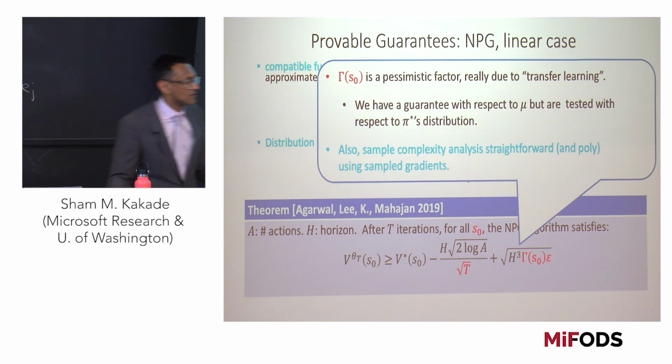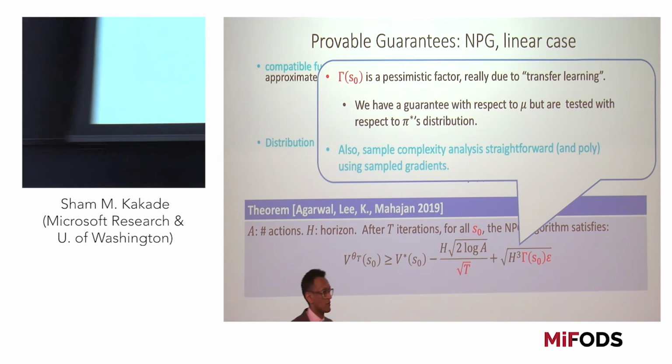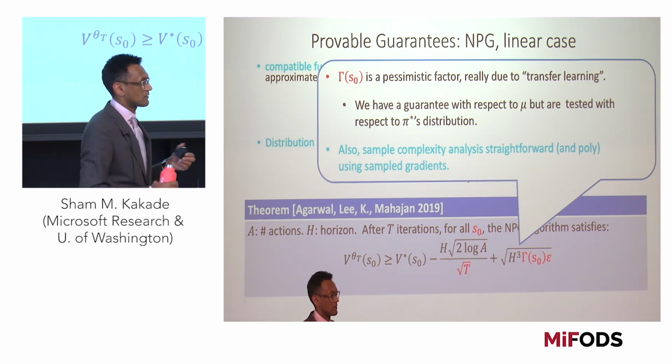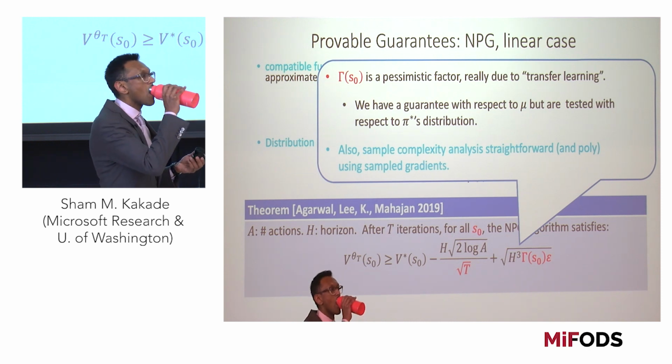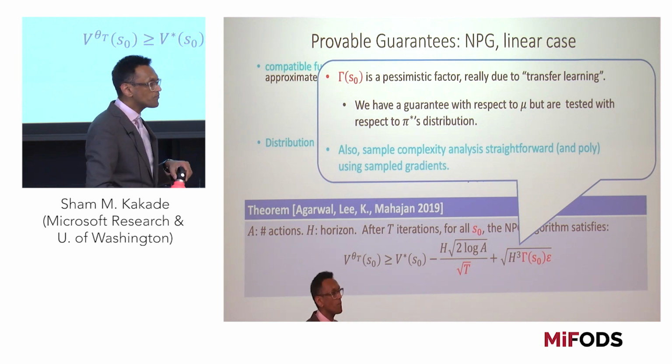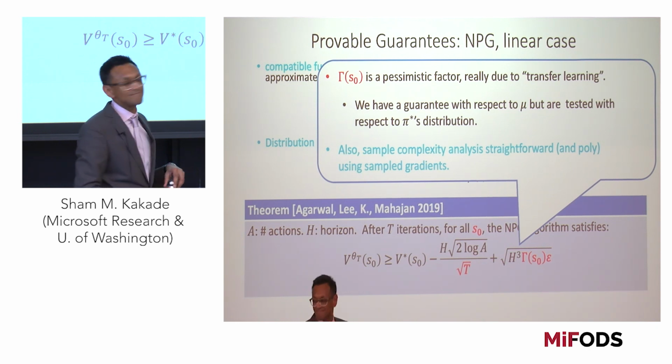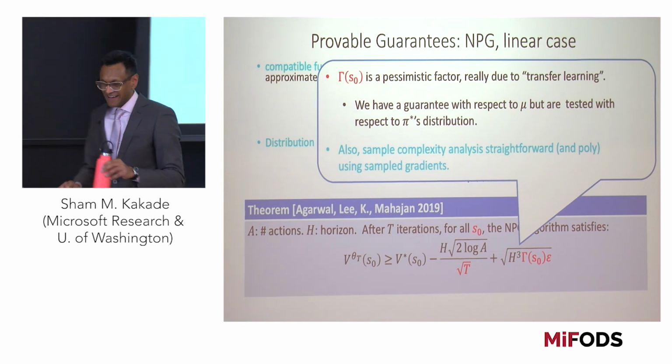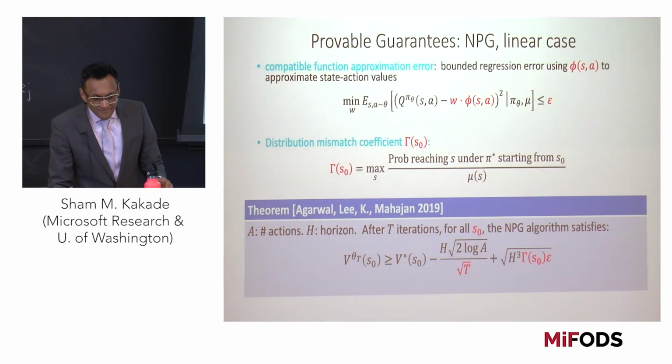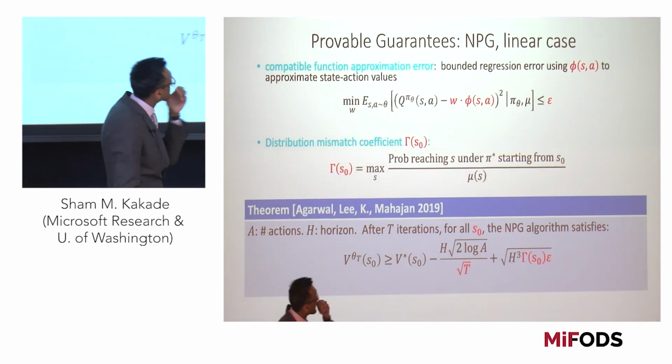Yes, Kostas? For the previous case, the completely parameterized one, you showed us that NPG boils down to exponential weights. So what does this boil down to? Yeah, good question. Here's a simple way to think about it.